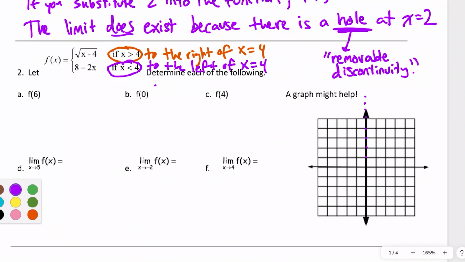Not going to be able to fit that, but the slope is negative 2. So I'm going to go down 2 over 1. Can't really fit that point. That's okay. Down 2 over 1, down 2 over 1, and so on. So this would be the line if that's all it was.